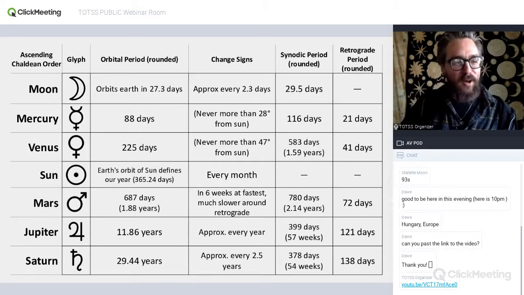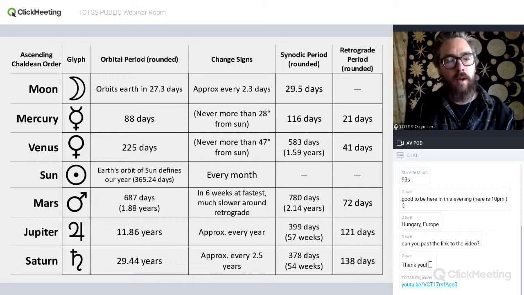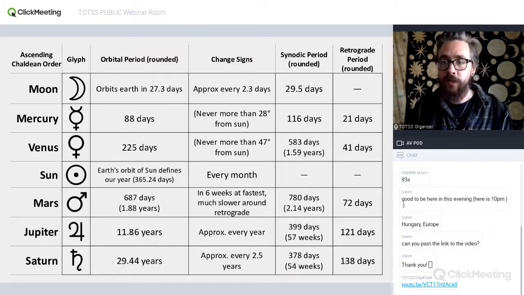All right, and then Mars. So Mars takes about 687 days, a little less than 2 years, to go around the sun. Now, Mars at his fastest changes signs about every 6 weeks or so, about every month and a half. But around his retrograde periods, he's much slower and can stay in one sign for up to 6 months. And this actually happened just last year.